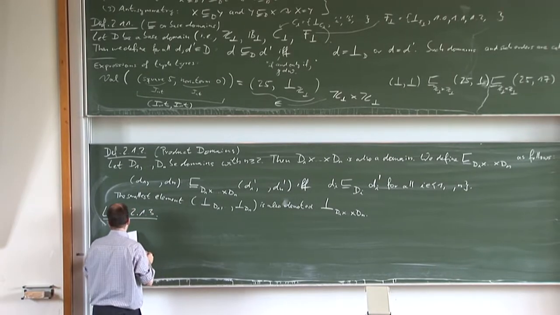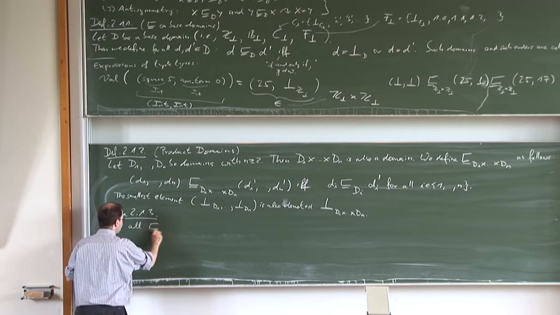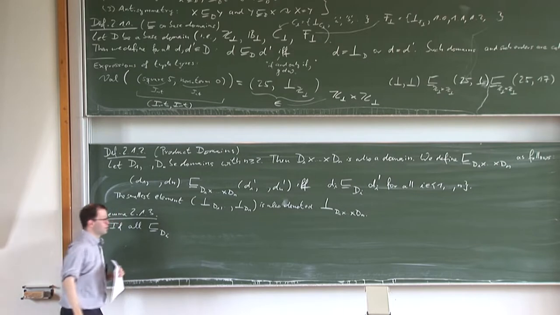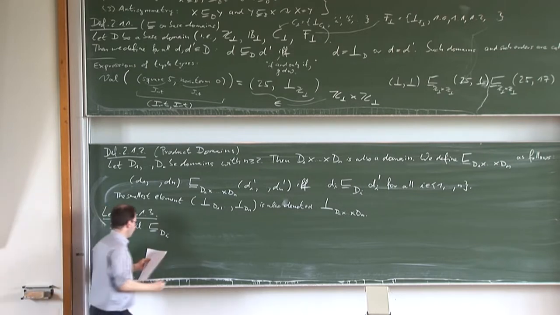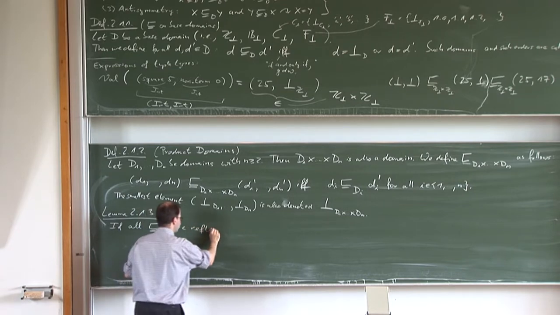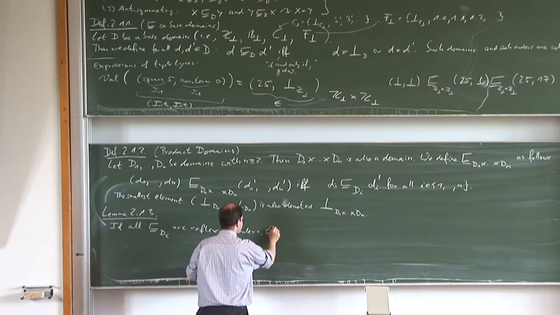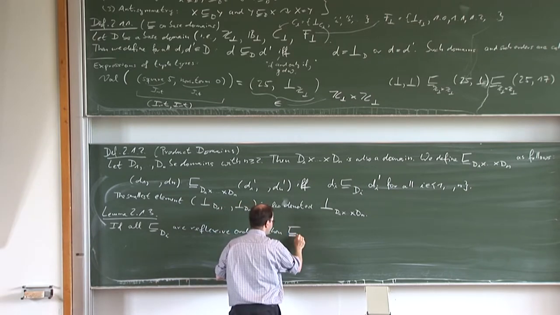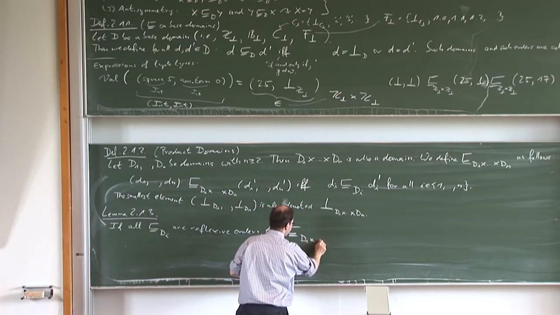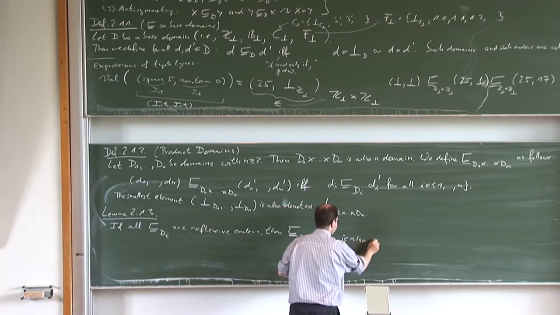Lemma 213 says, if all these relations for d1 to dn are reflexive orders, then the relation less defined or equal on the product domain is also a reflexive order.